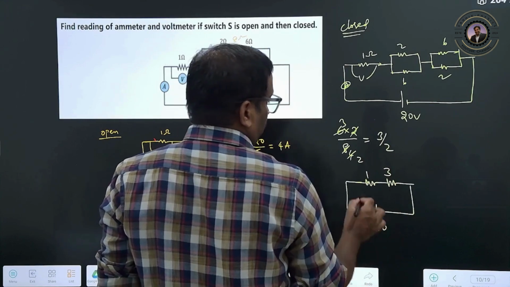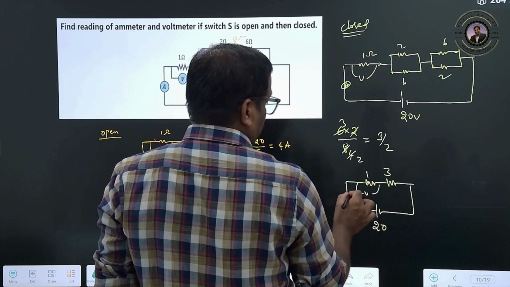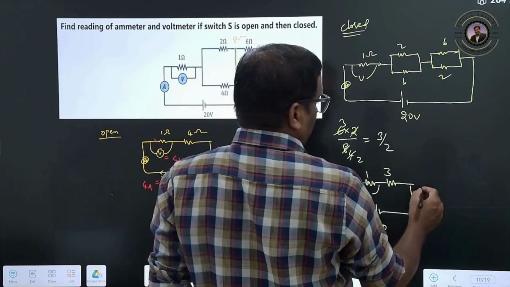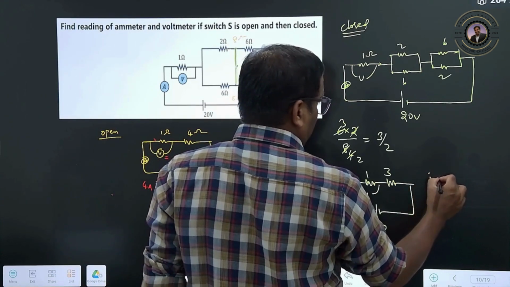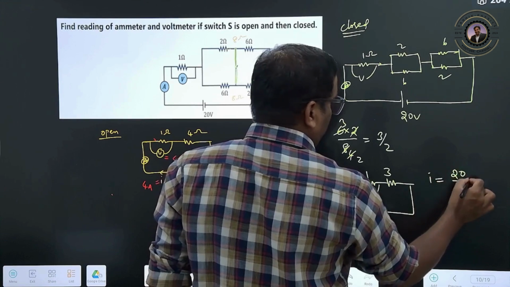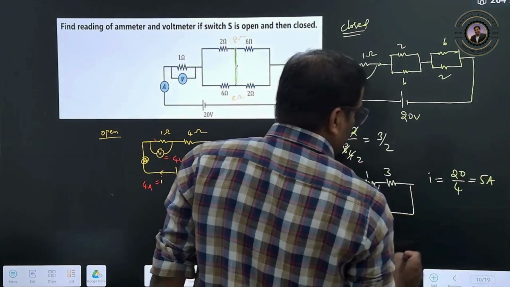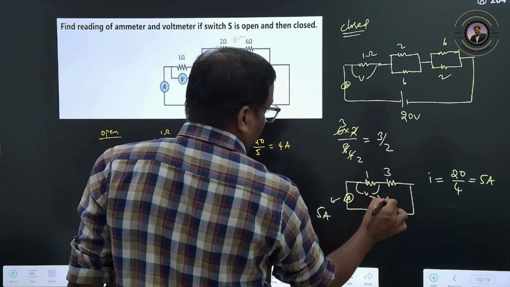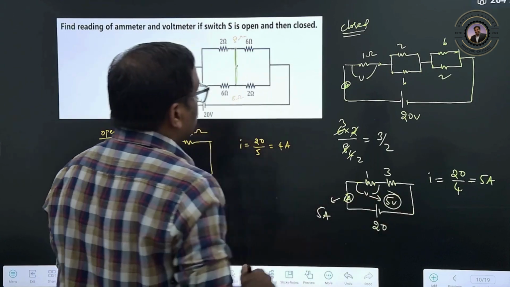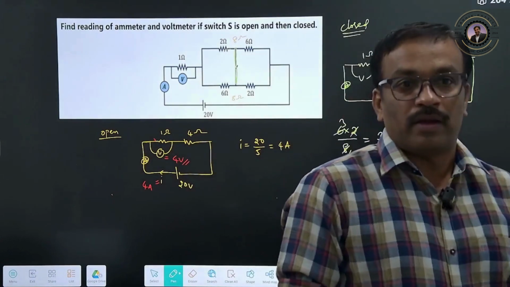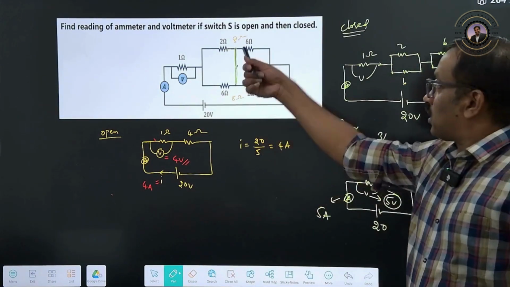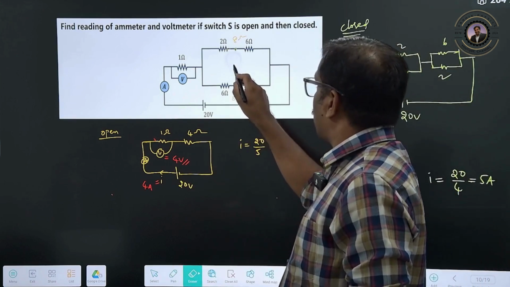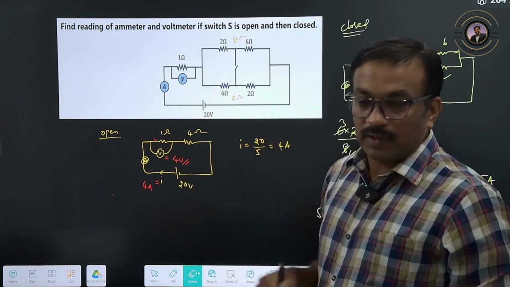This is 20 volts. So the current will be 20 divided by 4, which is 5 ampere. So the ammeter reading will be 5 ampere and the voltmeter reading is 5 volts. In this way, if the switch in between is closed, you can understand what is going to happen. Clear, right.